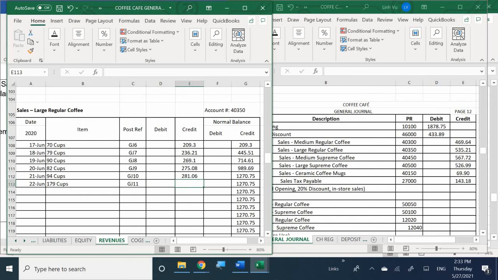General Journal 12. We credit that for $535.21, which brings our running total to $1,805.96. Good. 1805.96.